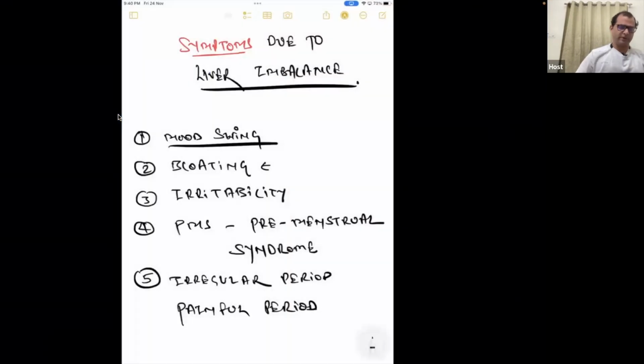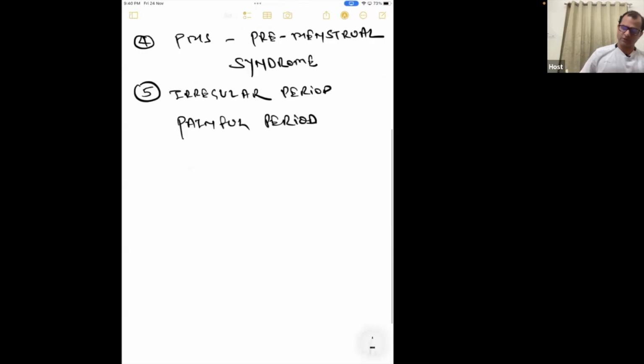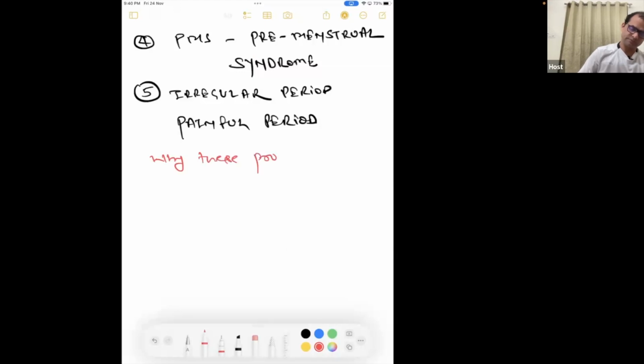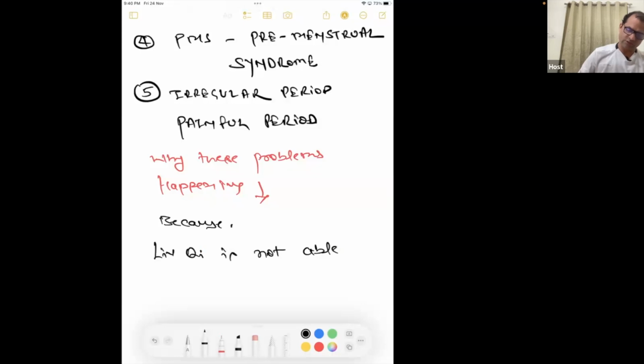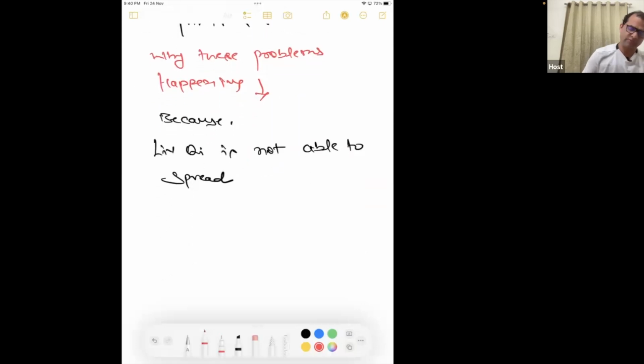So why are these problems happening? These problems are happening because liver chi is not able to spread. So what is the treatment?